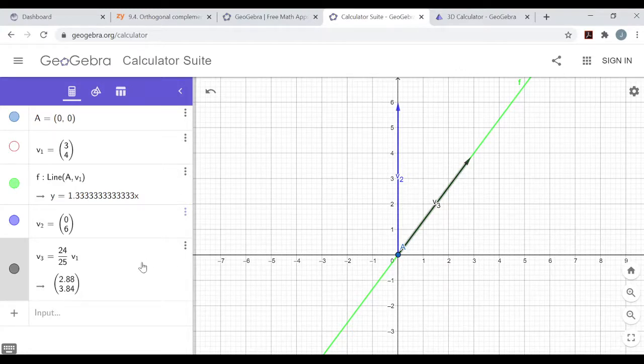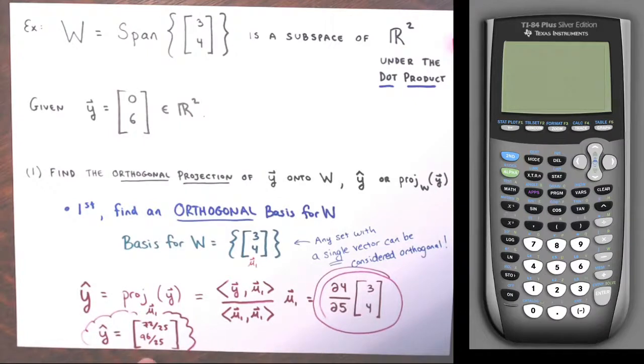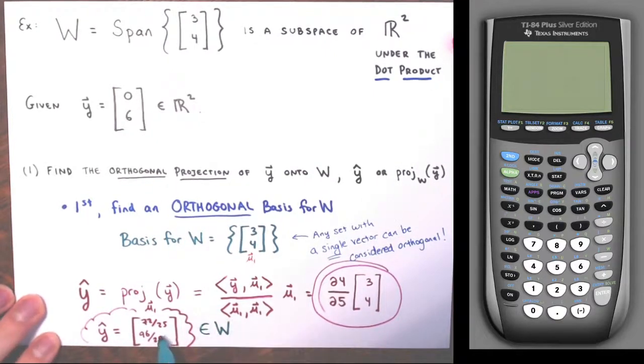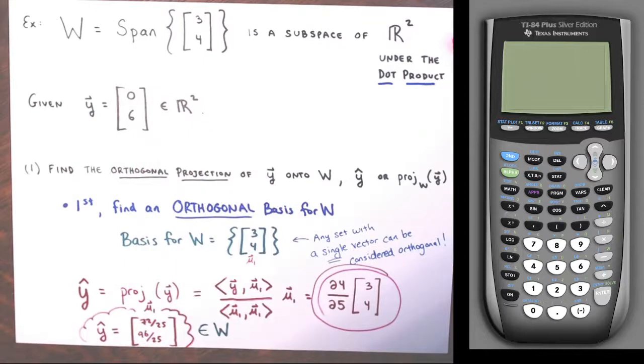Let me go back to the page. So we found our projection vector. This is the vector in W. This belongs to the span of 3, 4. It is a scalar multiple of 3, 4: 24/25 times 3, 4.